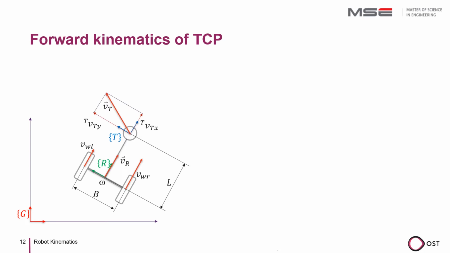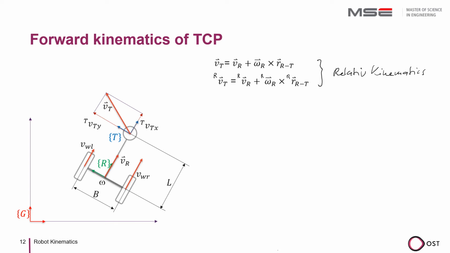The vt vector is equal to the velocity vector of the robot vr plus the cross product between omega r and the connecting vector between the coordinate systems r and t. We choose an appropriate coordinate system for our calculations, and that would be r. The x components of the velocity vectors vr and vt are identical.